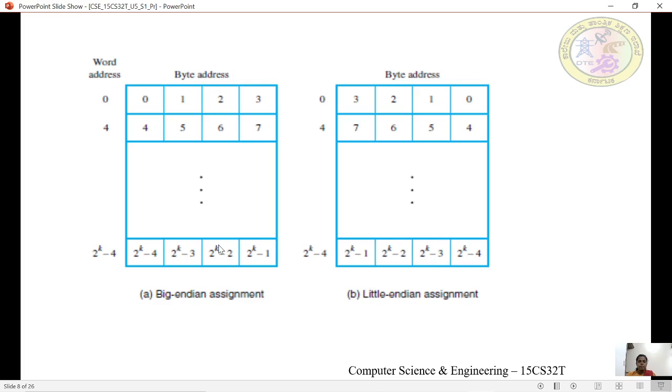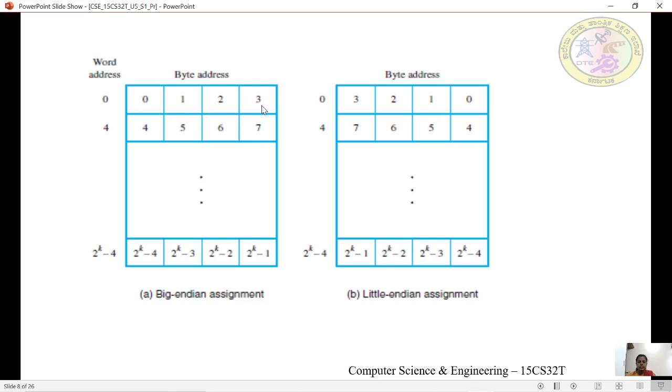In big endian assignment, the lower order byte addresses start from the most significant byte position. So this is the MSB position, this is the LSB position. Here we assign the addresses from the MSB byte position: 0, 1, 2, 3. This is 1 byte, this is 1 byte, this is 1 byte and this is 1 byte.